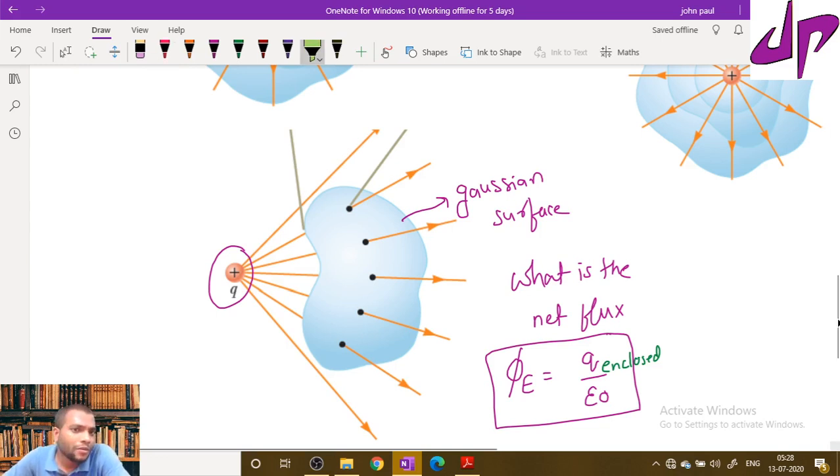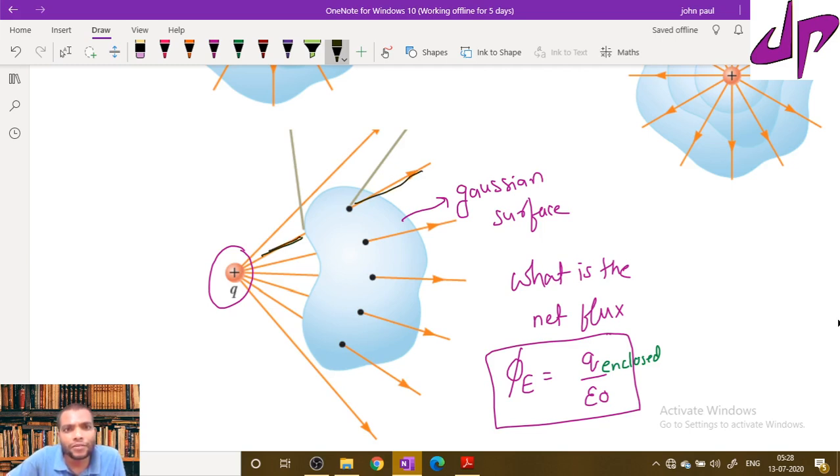Now, in the figure you can see the surface you have selected does not enclose the charge. The charge is somewhere and the closed surface is elsewhere. Now if you look clearly, however many electric field lines are going through the surface, that many are coming out.